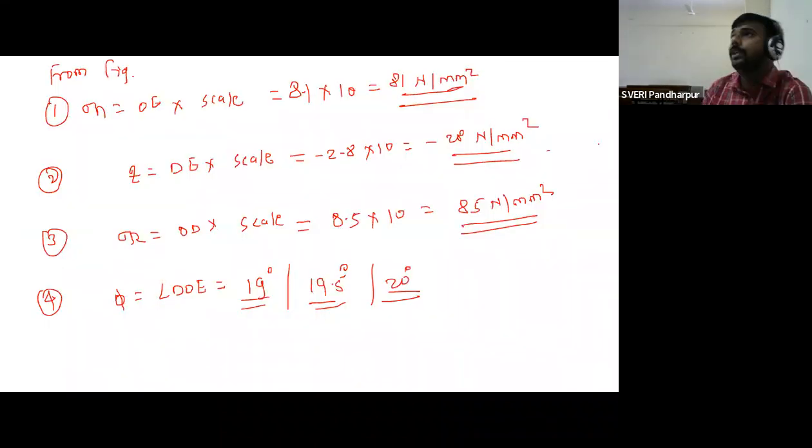Okay, and with this we have finished chapter number 3, that is principal stresses and strains. So here no other variety is there. The same problem we have to solve using the analytical method, and problems we have to solve using the graphical method, finding the stress parameters.